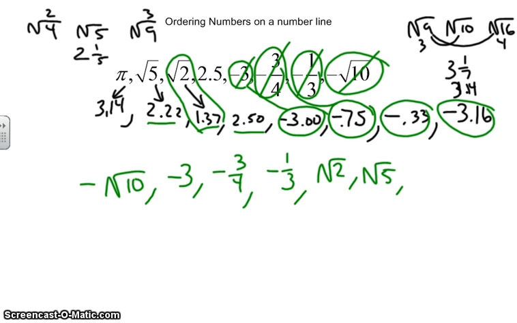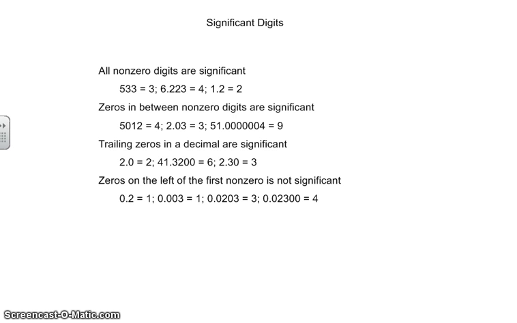As we look up, 2.5, and finally pi. So there we ordered our numbers. You can put that on a number line also, and we just need to make sure they all correspond with their decimal counterparts.